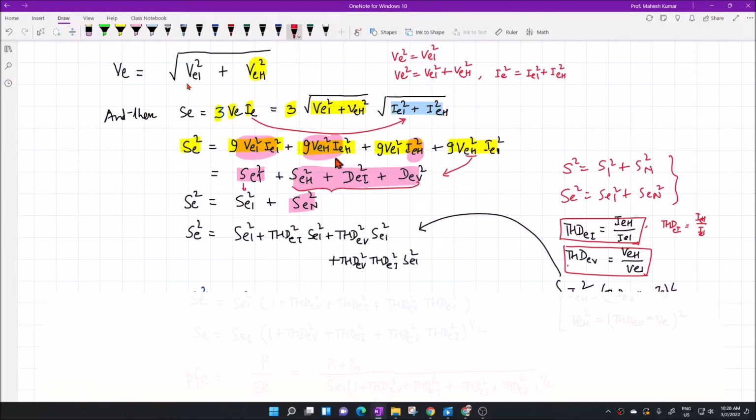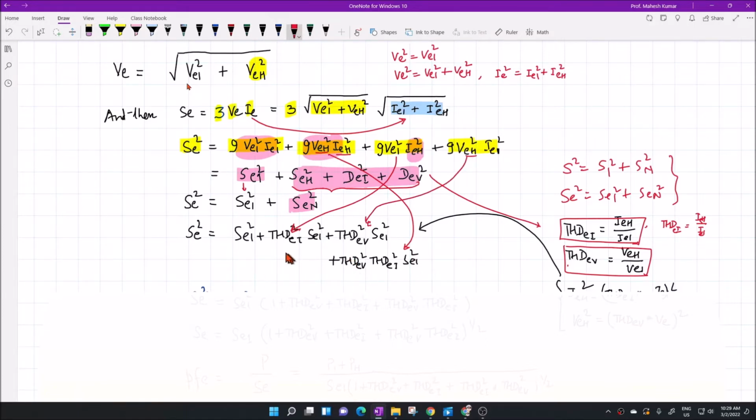So replace IEH, BEH using these expressions. So you will get this term here, and IEH becomes basically BE1 square, IE1 square. THD EB square comes because of voltage, so this is here.